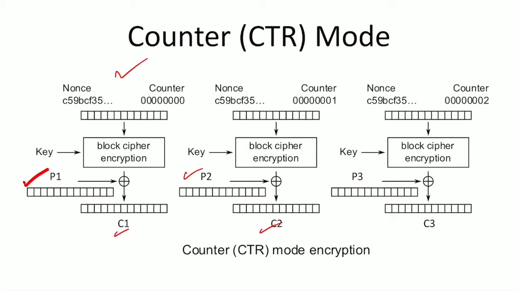So here we prevent that problem by having different counter values for each block. The counter is typically initialized to some random value known as a nonce, and then incremented by 1 for each subsequent block. The second difference from ECB mode is that the counter mode can convert a block cipher into a stream cipher, as you can see here.